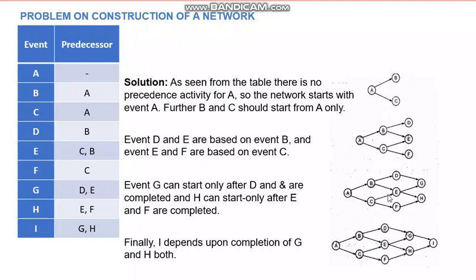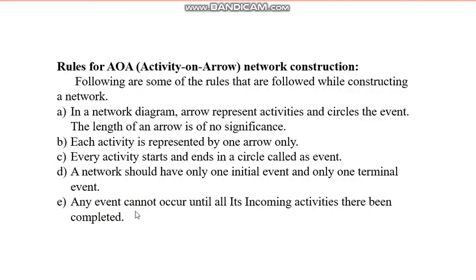Now there are two activities at the end of which this event is done. This activity is carried out, finished, but this is taking more time. But this event E will not complete till both of these activities are completed. That is what this rule is saying. Any event cannot occur until all its incoming activities have been completed.